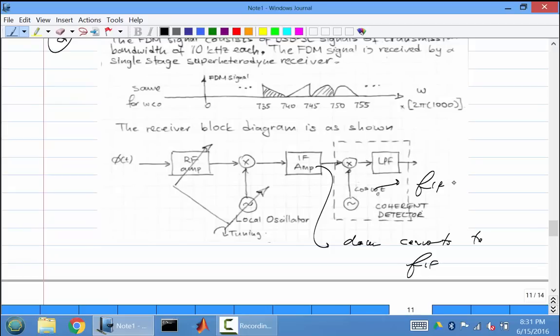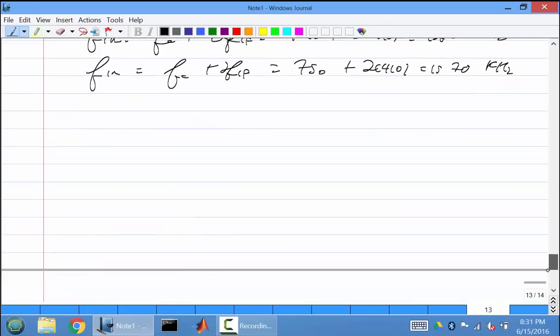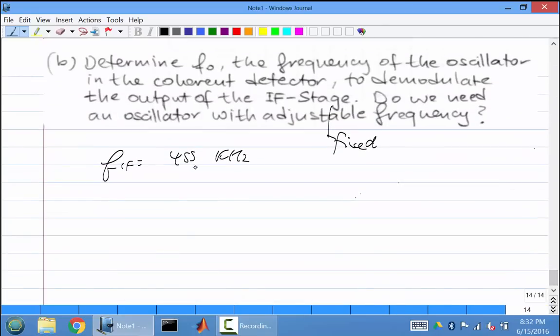When you multiply by F of IF, when you have your cosine, you're going to do your double sideband suppressed carrier modulation, so you're going to bring your signal down back to the baseband. Remember, this down converts to FIF, so you need a converter that will multiply your signal by this much so that you can down convert back to the baseband. So FIF is 455 kilohertz, because remember, the IF stage is fixed.